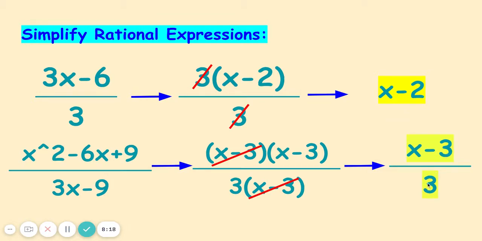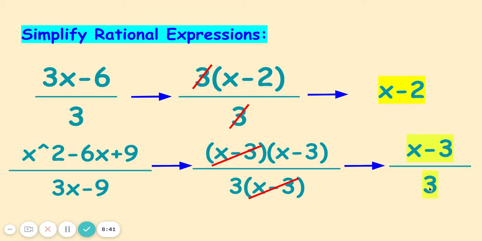Can I cancel that? No, because this is a term already. You can only cancel if they are separated by products. If this is 3x, if this is 3 times x, you can cancel 3. But if they are separated by sum or subtraction, you cannot. So kahit nakikita niyo pareha sila, you cannot cancel it. Okay? Always remember that.